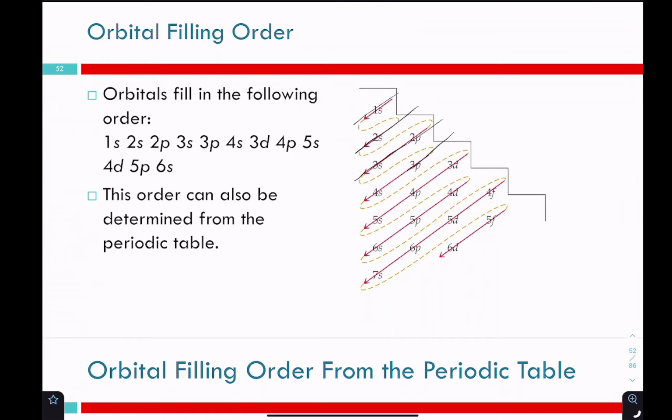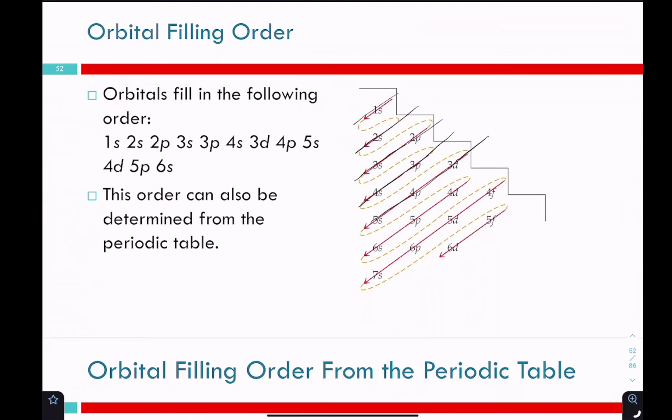And then you go to 4s, and then the d orbitals, just because of the way the energy levels work out, we fill 3d after 4s. So then when you start this next diagonal line, it starts with 3d. And then it's 4p, and then 5s.